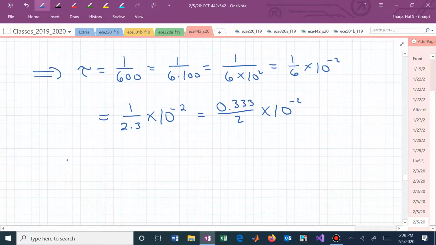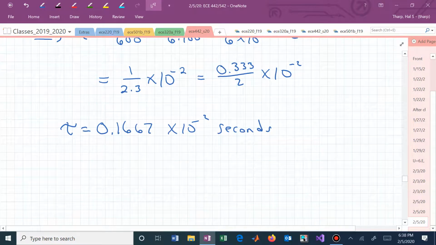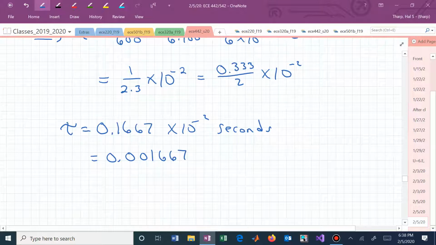So that now tau, your time constant, is 0.16, let's say 7, or let's put another significant figure in there, times 10 to the minus 2 seconds. Or tau is 0.001667 seconds, or 1.667 milliseconds.